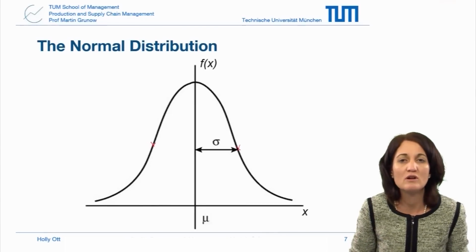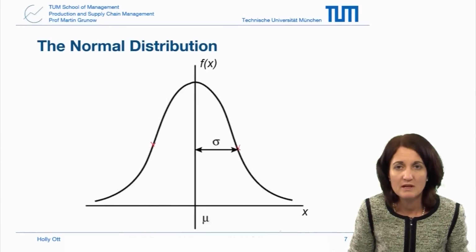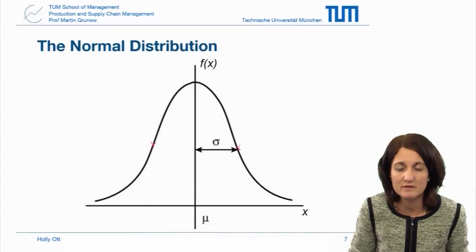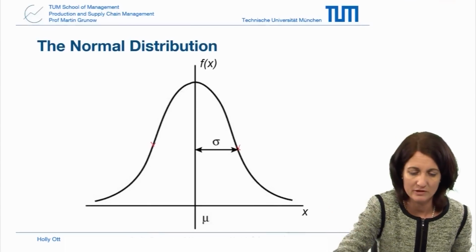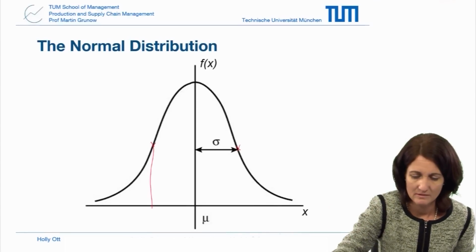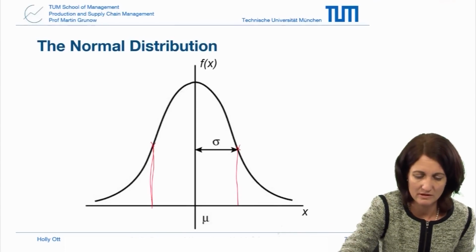Now, if we measured all the tabletops that you're producing, and you counted all of the tabletops in the production that were within 1 sigma from the mean, so I'm going to draw this. Difficult to draw on here.